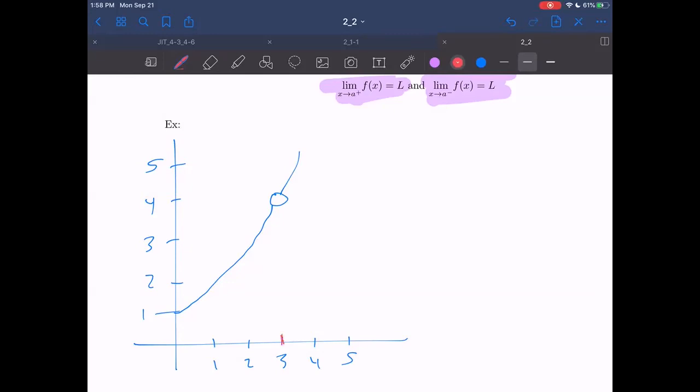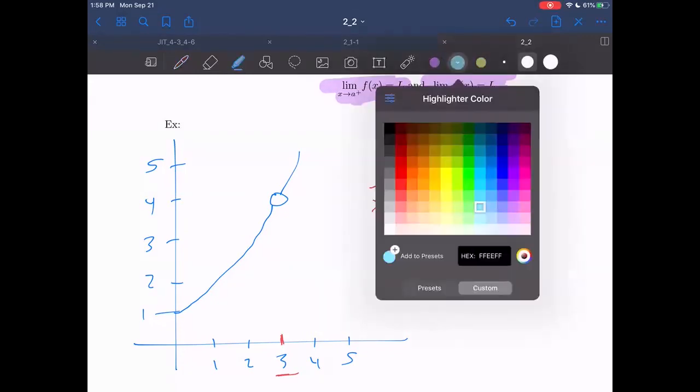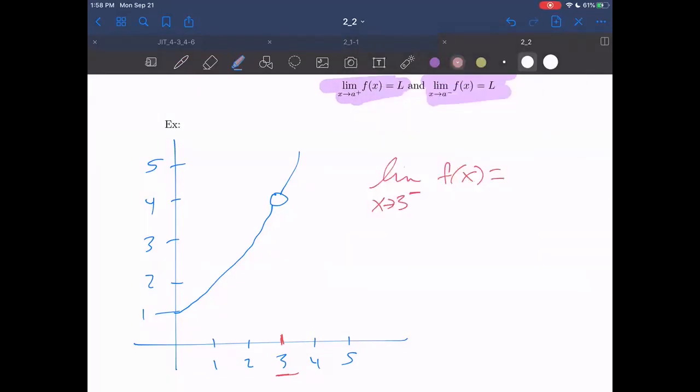We're looking at the limit as x approaches 3 from the left of our function f of x. We'll do that first. So we're looking at all of these values when x is less than 3. What is our function doing when we are coming from the left? Well, it's approaching 4.